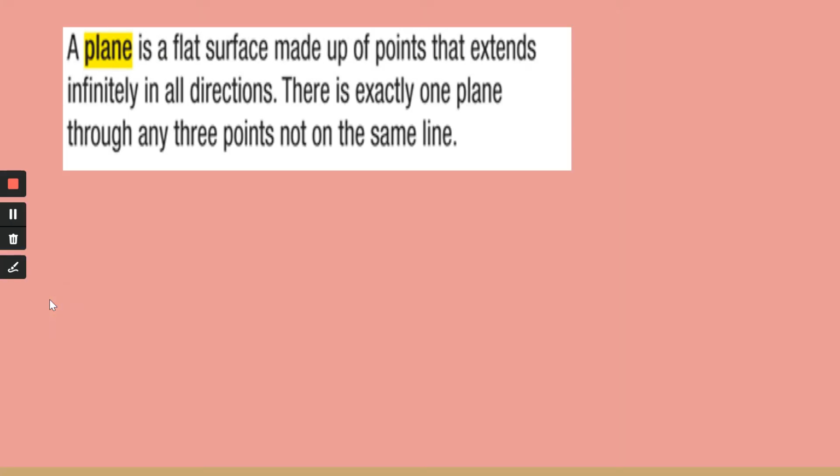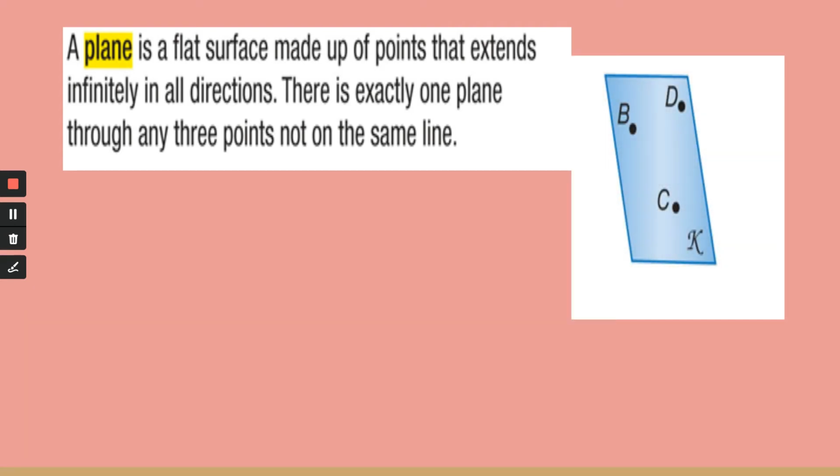Okay, our third term is a plane. We say a plane is a flat surface that's made up of points that extend indefinitely in all directions. Again, there's exactly one plane through any 3 points, not on the same line. So, you think about this. I know it's kind of hard to see. We're looking at a computer screen, looking at a video, but think of a flat piece of paper. Notice here on this particular plane, we've identified 3 of the points.